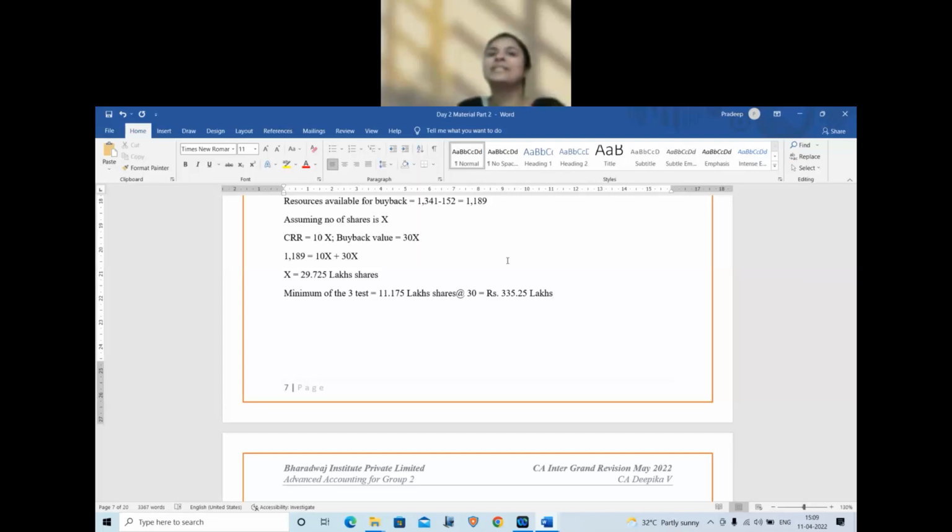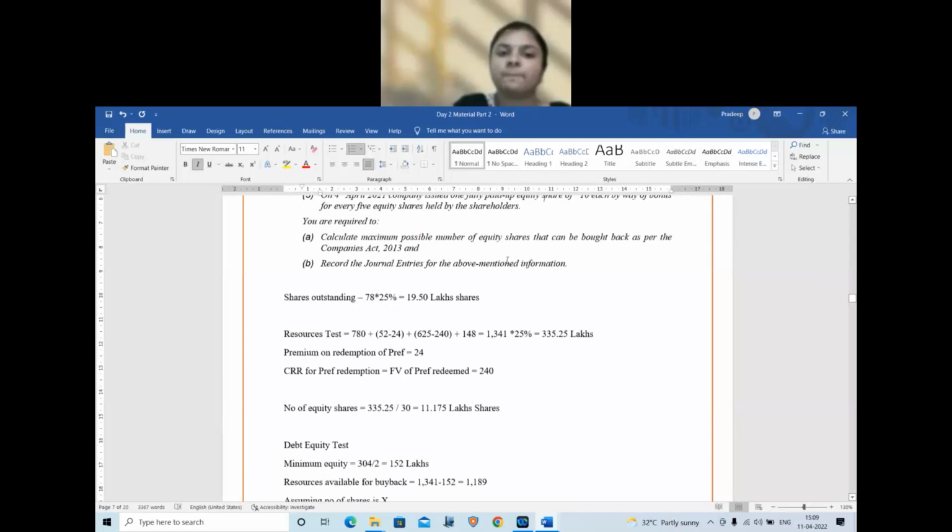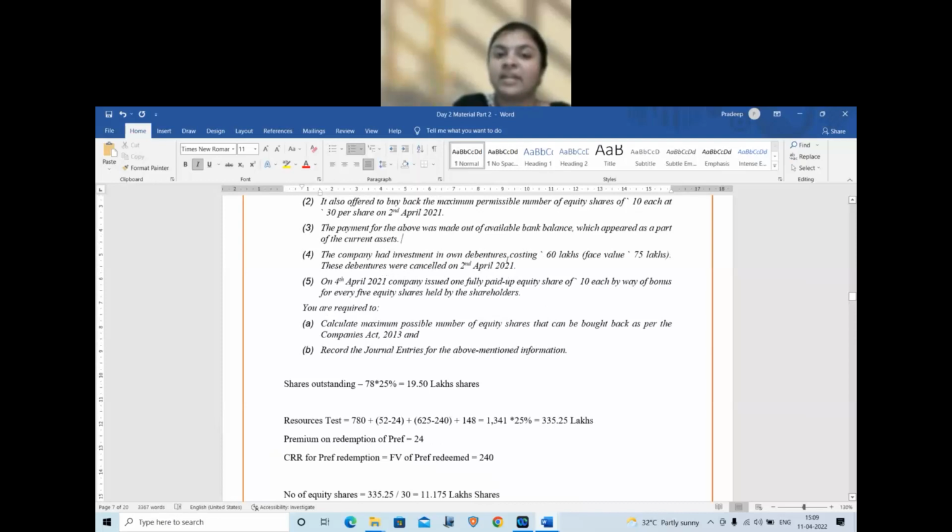Now once this is arrived, then the entries you need to pass in the order. First, preference redemption entry. Second, buyback entry. Third, going by the question, cancellation of debentures, which will be transferred to capital reserve. Fourth, issue of bonus.